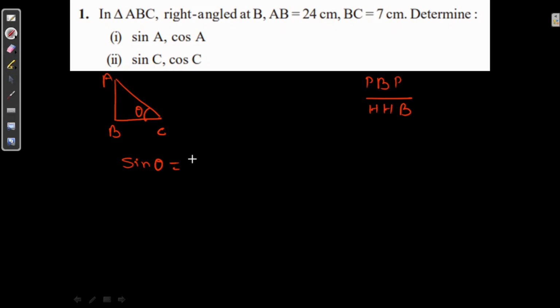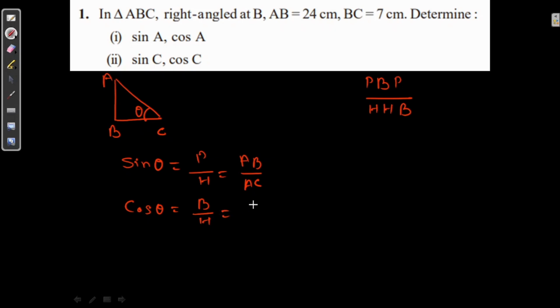So what will be the value of sine theta? It is quite simple. P by h, perpendicular by hypotenuse. So from this triangle, perpendicular for angle theta will be the opposite side, which is AB, and hypotenuse is always the longest side of right angle triangle, which is AC. Then we will go for cos theta, the second one, B by h.